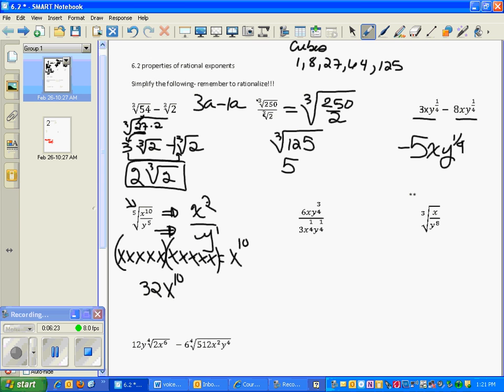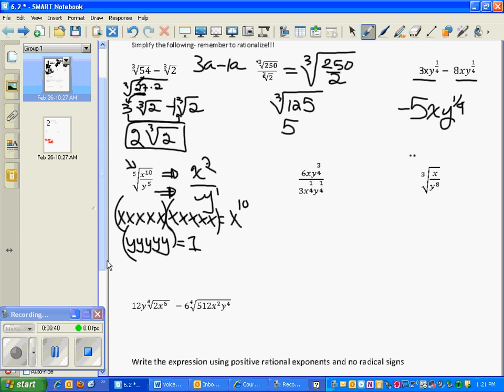Okay? And likewise, if I have 1, 2, 3, 4, 5, I only have one group, which is why the exponent is a 1 on my y. All right, well, let's think of an easier way to do this one. Couldn't I have said that this is x to the 10 fifths and y to the 5 fifths?